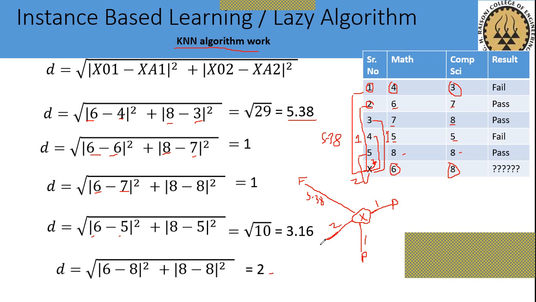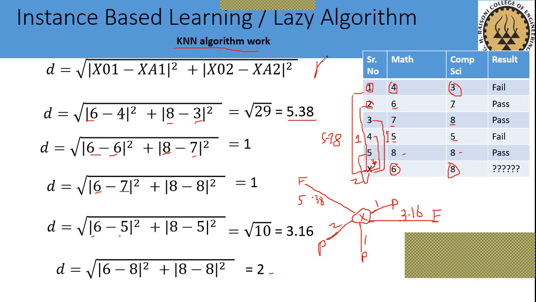One element at distance 2.2 is again pass. And one element at distance 3.16 is again represented by fail. This is 5.38, and it is indicating fail.